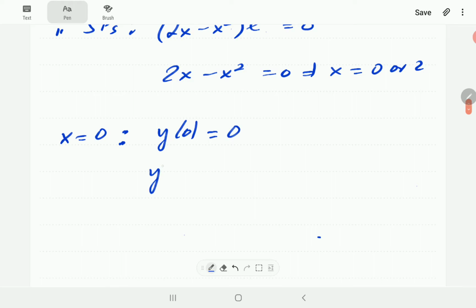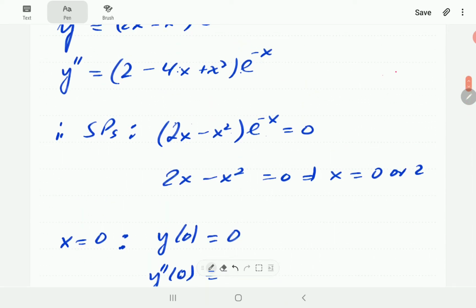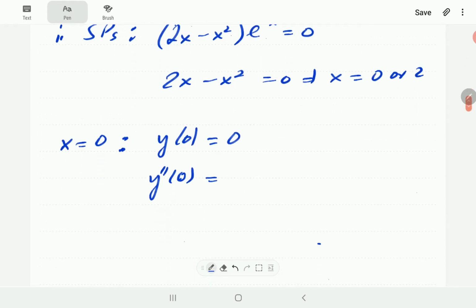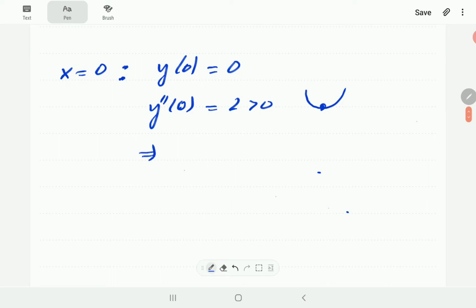And then in terms of concavity, if we plug x is 0 into the second order derivative, that is going to give us 2, which is positive. So this is telling us that the function at 0 is concave up. So we have a local minimum at (0, 0).